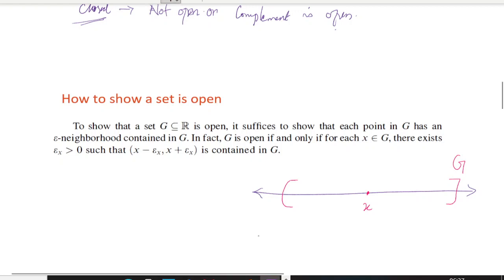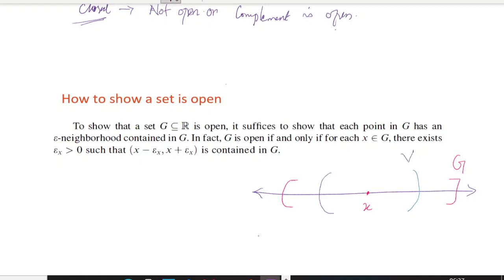For that, we have to check whether there exists a neighborhood of x, that is, if there exists a V which is completely contained inside your G or not. By definition, right?